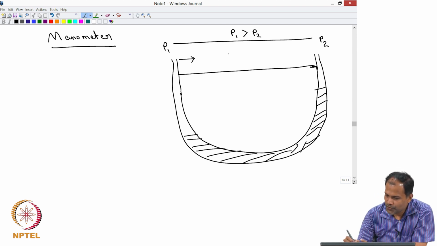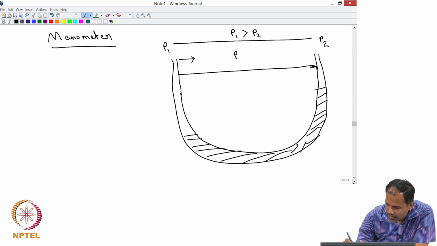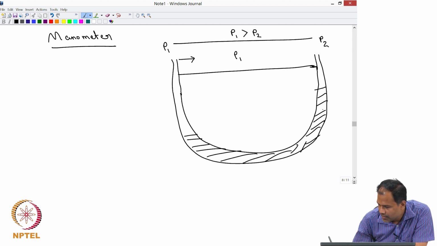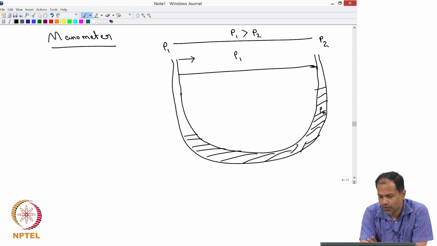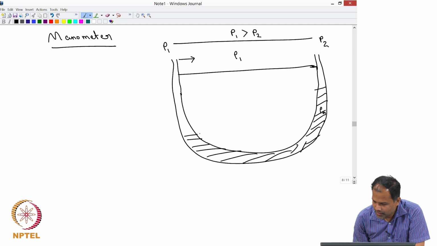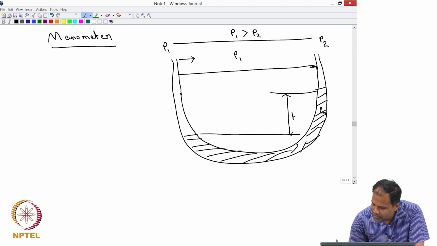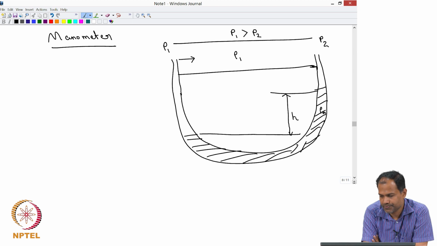So, the fluid inside the pipe has a density of rho 1. Let us say the density of the manometric fluid is rho m, and there will be a height difference between the two limbs in the manometer. Let us call that h.